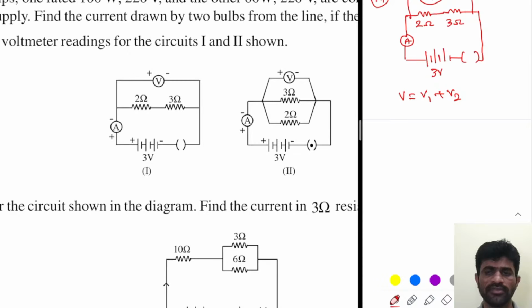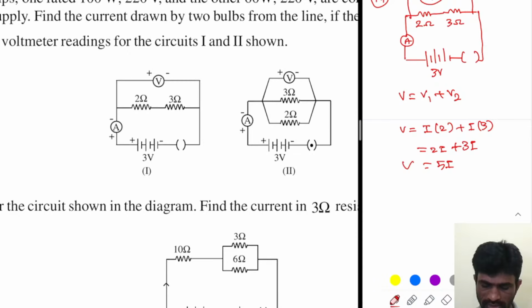When they are in series connection, what is V1? V1 is equal to I into R, and I will be the same. So I into 2 ohms plus I into 3 ohms, that is going to be 2I plus 3I, so 5I. V is equal to 5 into I.